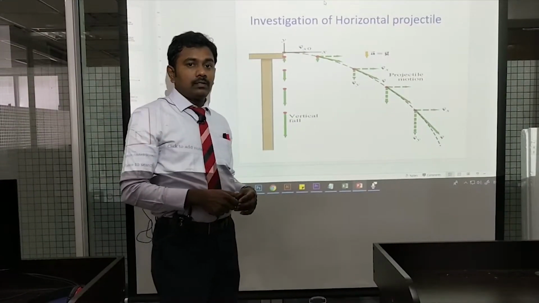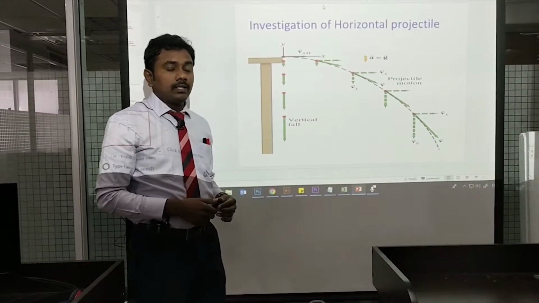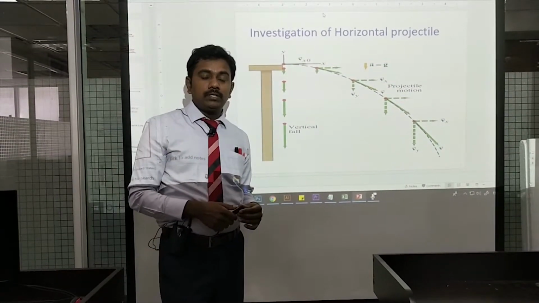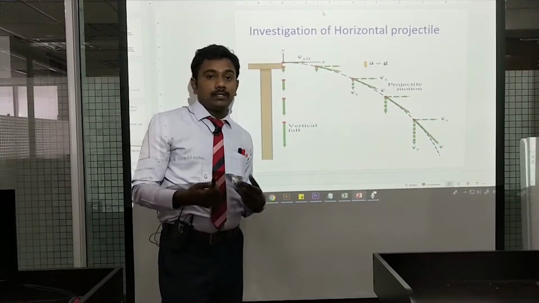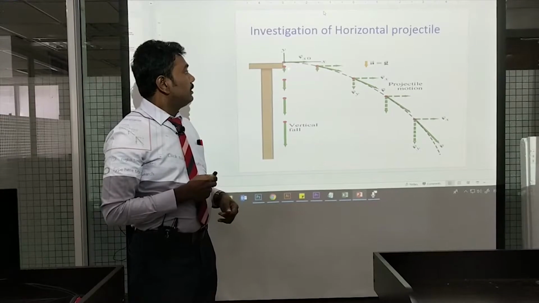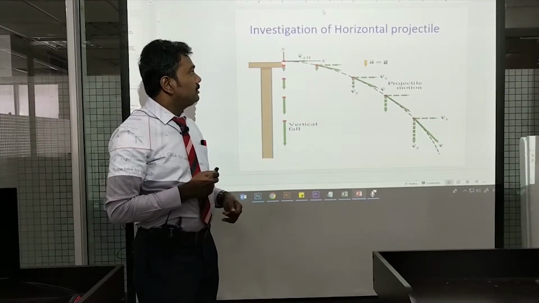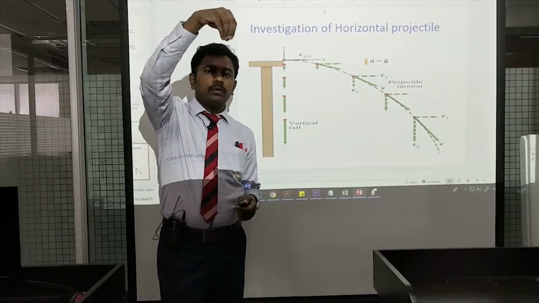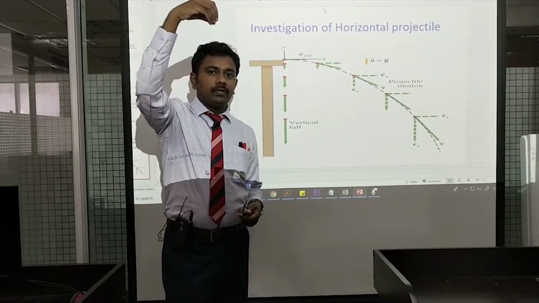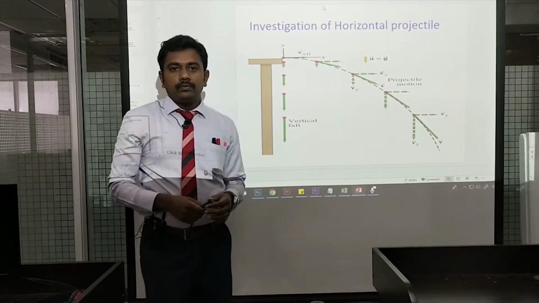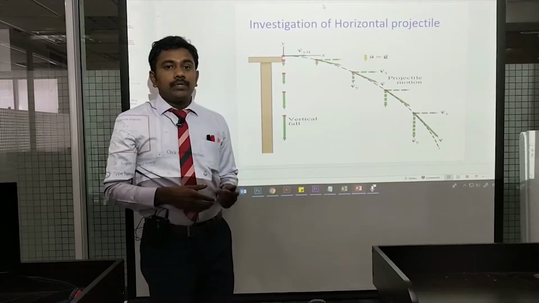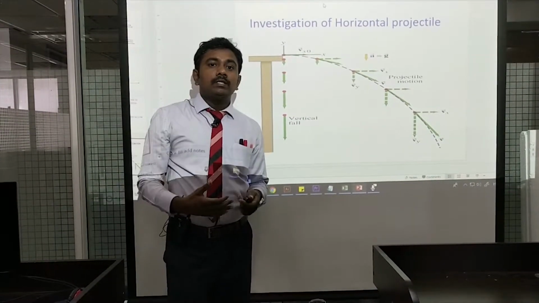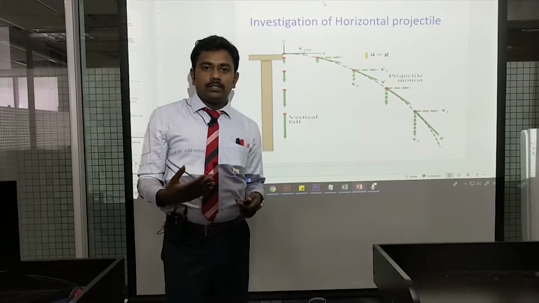Now let us look at the vertical component of velocity. Initially it does not have any vertical component, because at the point where you release the projectile, it is a free fall. We know that when an object is falling freely downward, its initial vertical velocity is 0.